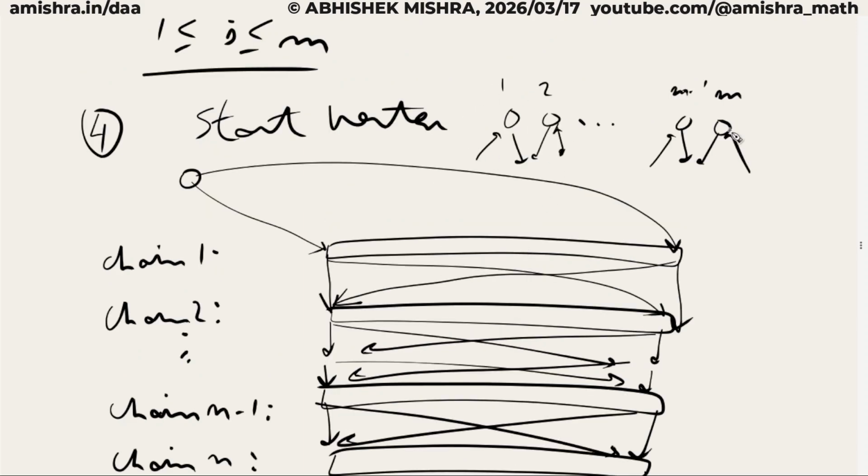Now, since this is a directed Hamiltonian path, all these clause vertices are also visited. And as we observed earlier, the only way to visit these clauses is to visit them in the same order as the way we are visiting the corresponding chain.